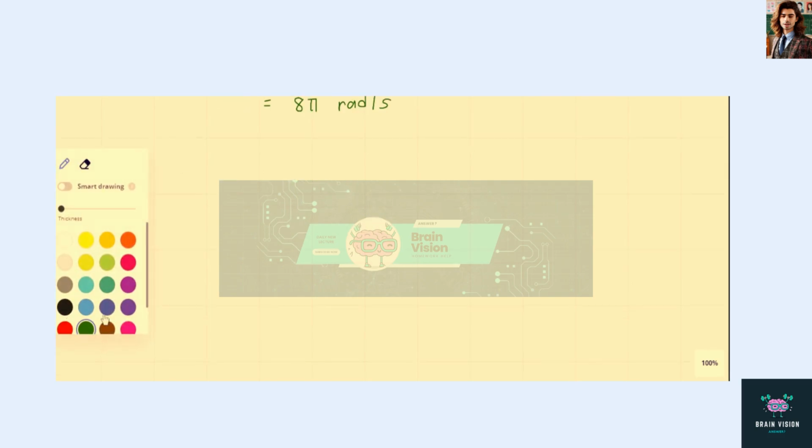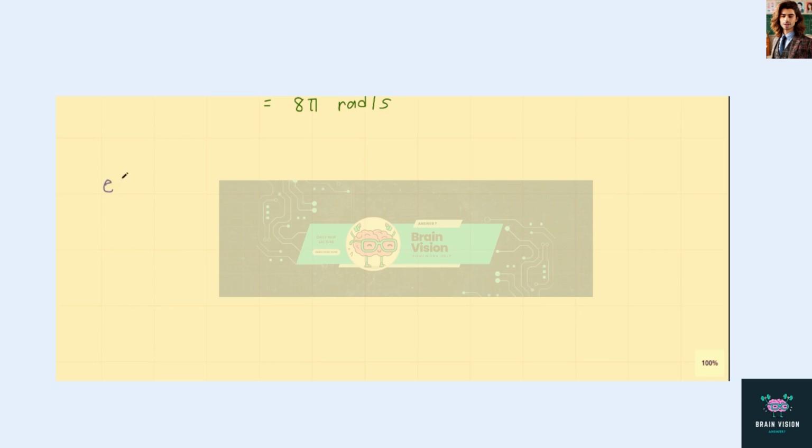So if we go back into equation 3, we take our data from above and substitute it back into equation 3.